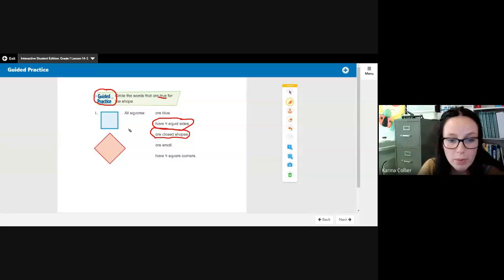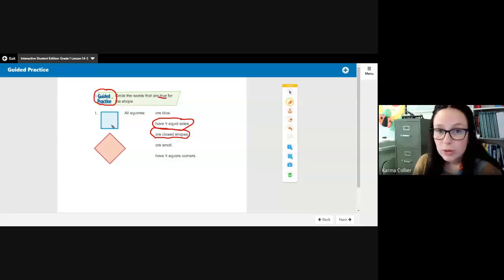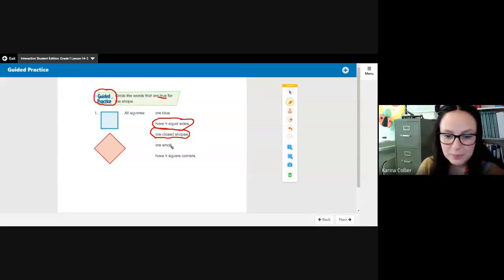If they were open, one of these sides would not be connected. All squares are small. Well, our blue square is pretty small, but our red square is not smaller or even the same size. So this could not be a true statement.